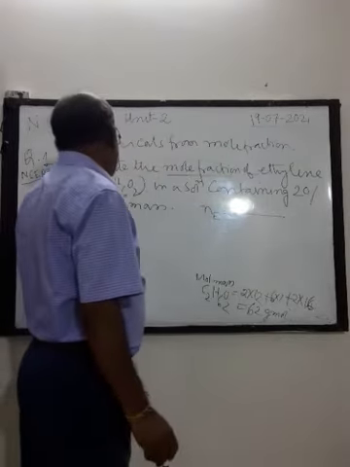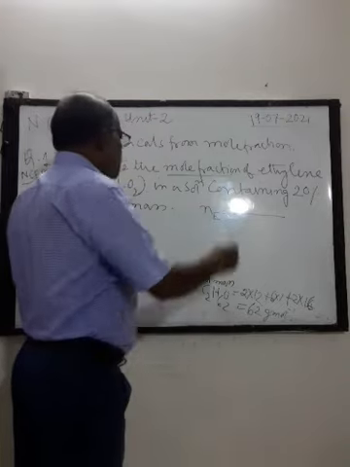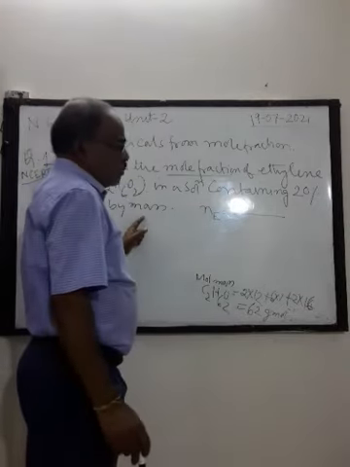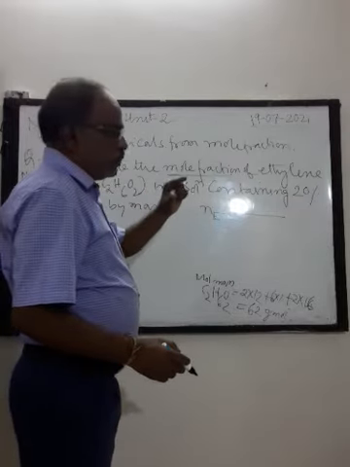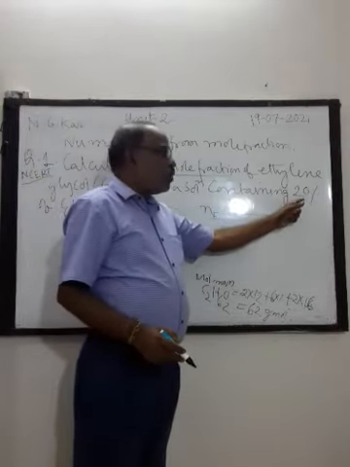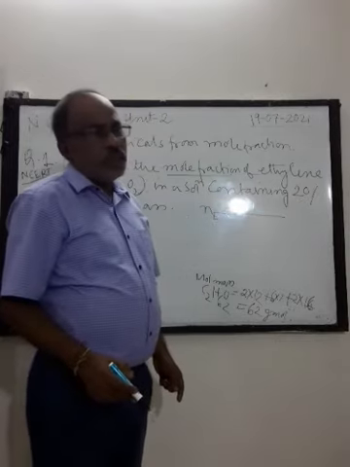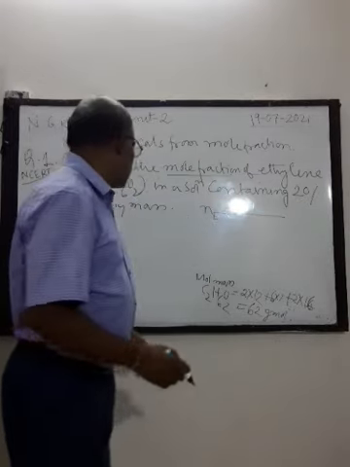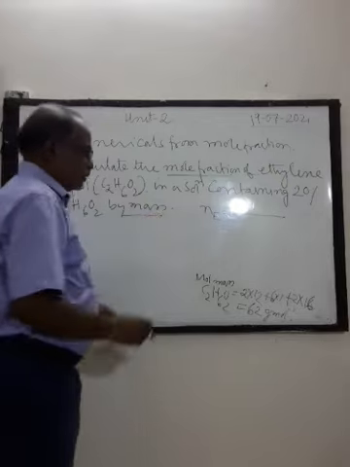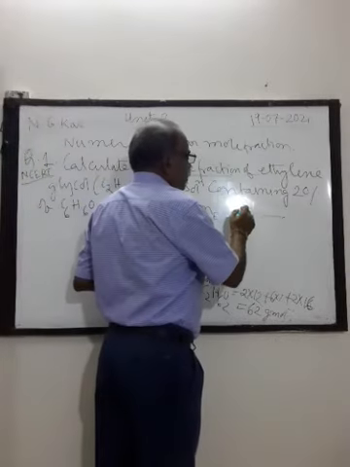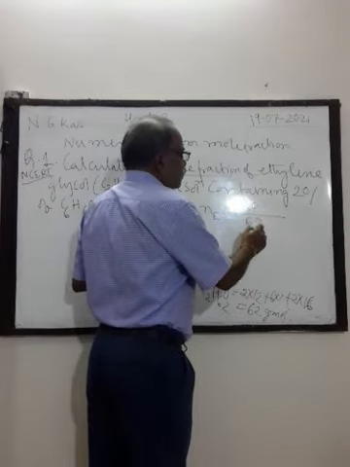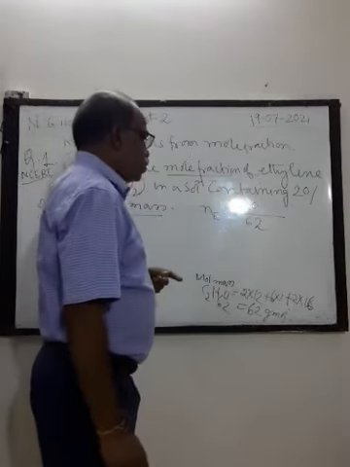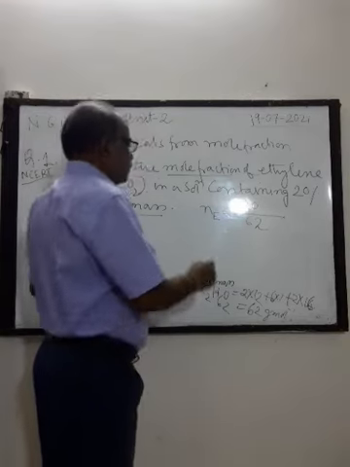Now in this solution, 20% ethylene glycol by mass, w/w, means 20 gram of ethylene glycol is present in 80 gram of water, because it is in terms of mass. So the mass of ethylene glycol is 20 and the molar mass is 62. So this is the number of moles.